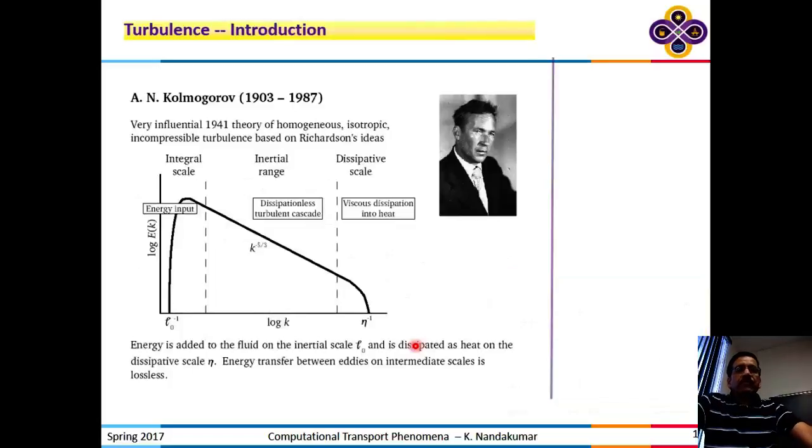So Kolmogorov is another big name in turbulence, and he developed this theory in 1941, as you can see. The theory essentially captures what we just discussed. That is, you put energy on the large scale, the integral scale, and that energy is transferred down the scales into the molecular scale and then converted into heat.